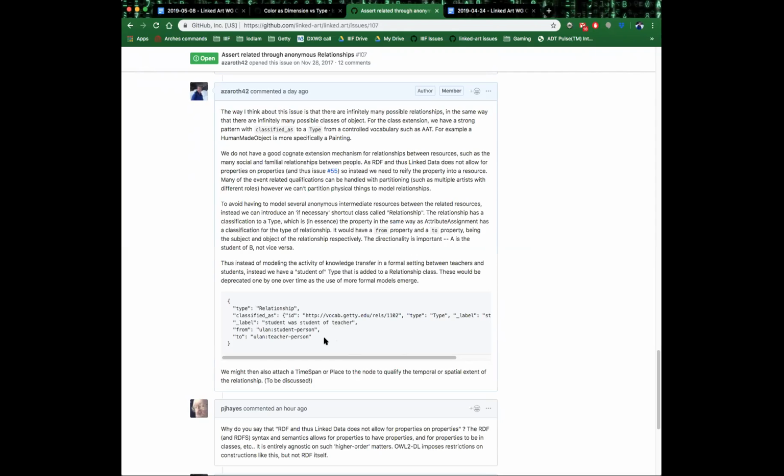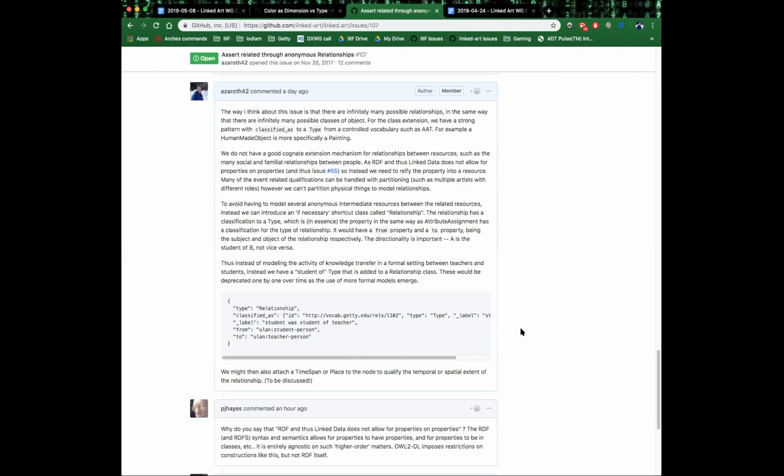So in this case, ULAN student person has a relationship to ULAN teacher person, and that relationship is then classified as this vocab.edu roles 1102, which is student of. So that sort of gives us that same escape route out to more specific relationships, using the same sort of pattern as we have for other classes. AAT itself doesn't have these relationships, so there is every opportunity to not just use a Getty vocabulary here.